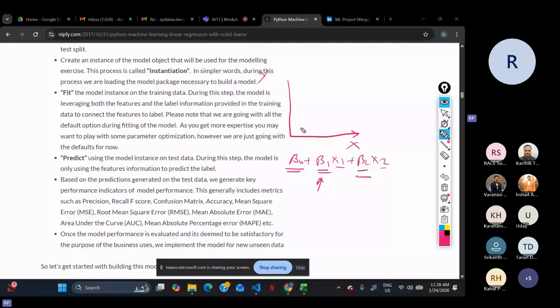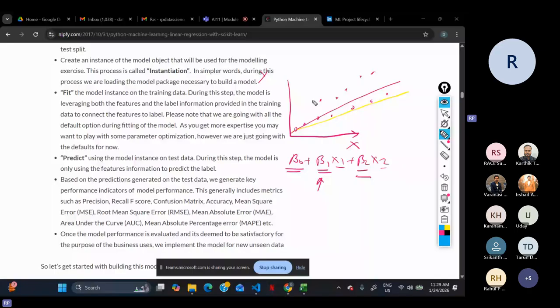All it is trying to do, and I'm just explaining it in a simple regression form, is this. Let's say my data is like this, right? Shall I fit this line, or shall I fit this line, or shall I fit this line?